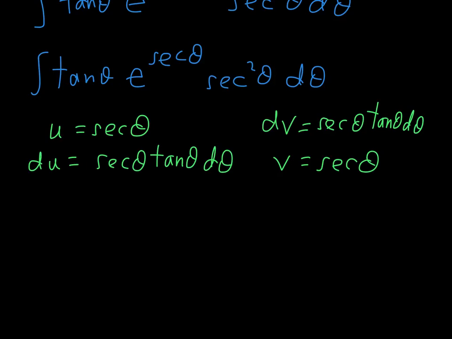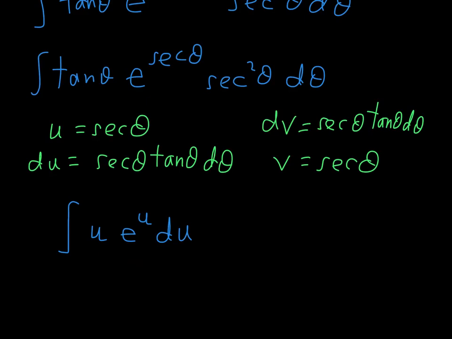Now you have the integral of, now u is secant theta, okay, so one of these secant thetas is called u, and then you have e to the u, and then the other secant theta, tan theta, d theta, is actually, oh, it's right here, is du. Now, I'm hoping that this looks really familiar to you.